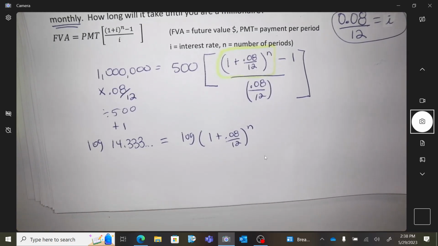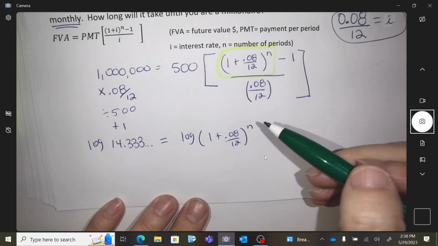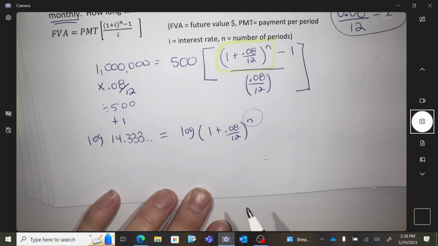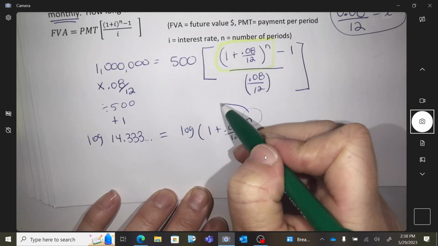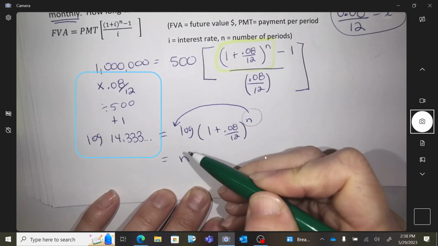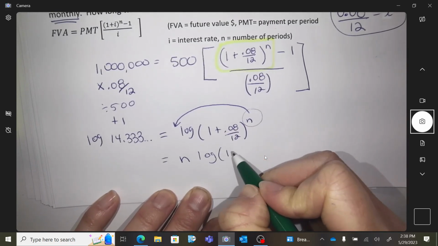Okay, rules. Is there any rules that you see we could apply? The exponent rule. So the exponent can now become the coefficient.